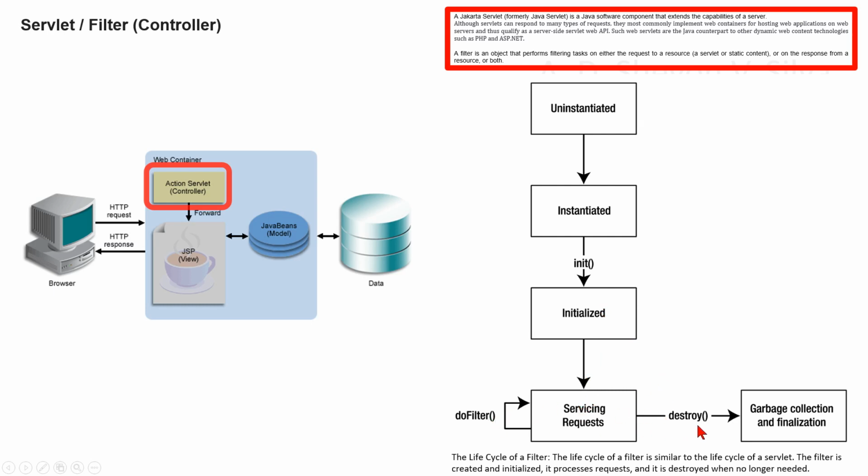These 3 methods and the constructor correspond to the 4 stages of the filter lifecycle. The constructor is called during the instantiation phase. The init method is called for initialization. The doFilter method, which contains all the filter processing logic, handles the filter execution phase. Finally, the destroy method is used in the destruction phase.